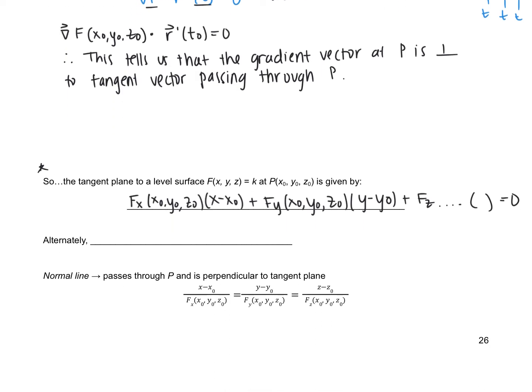Alternately, we can write it in terms of the gradient. This is the same as the gradient at the point x naught, y naught, z naught, dotted with r subtract r naught, and that's equal to 0.